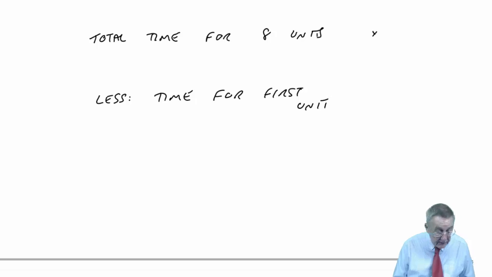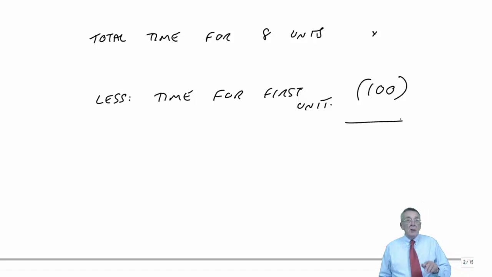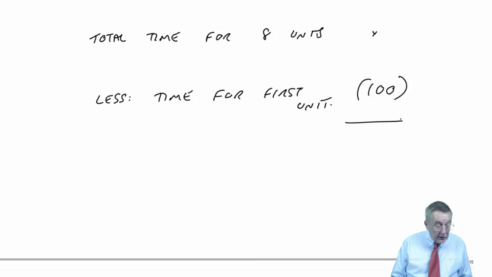The question tells us the first unit takes 100 hours again. If I know how long it takes to make 8 units, and how long it takes to make the first one, if we subtract, it'll tell us the time for the next 7 units.